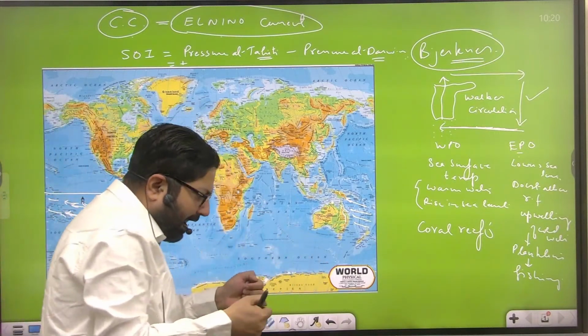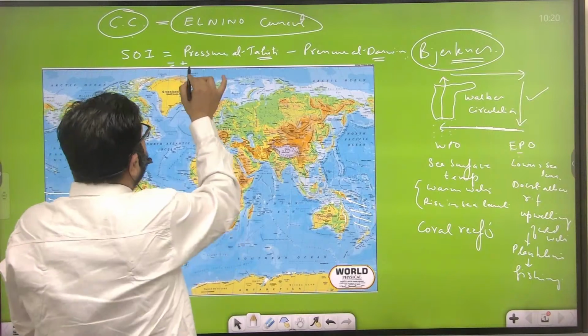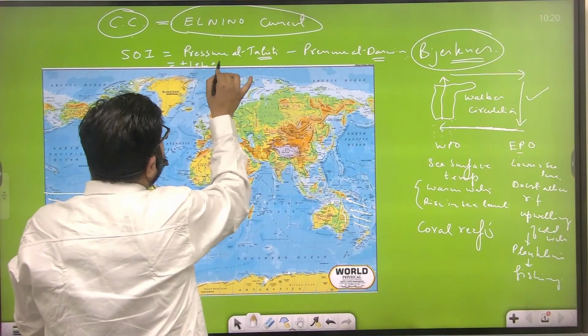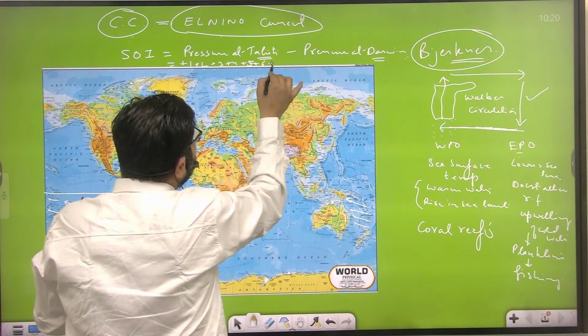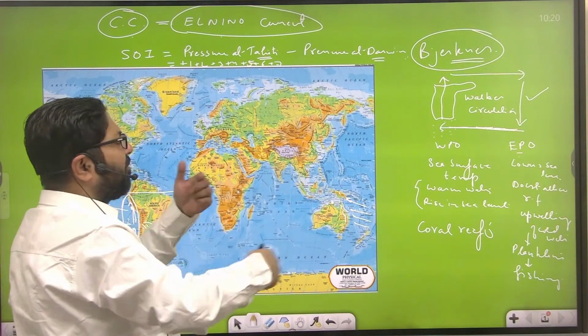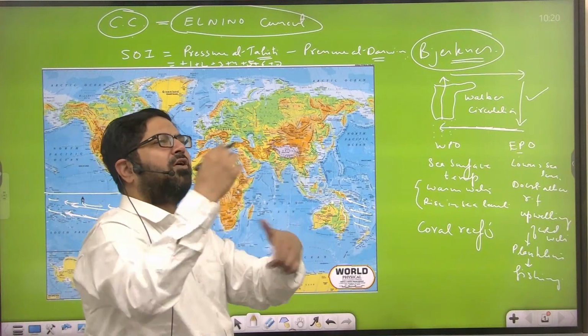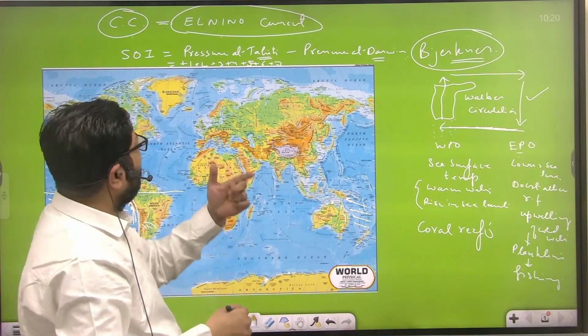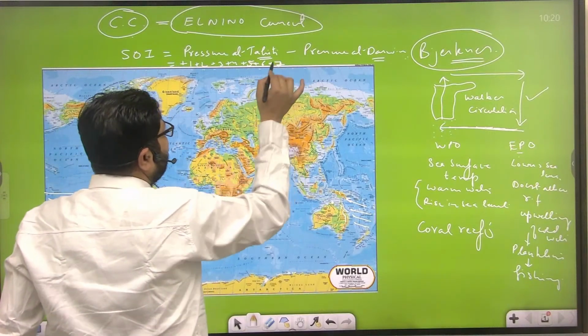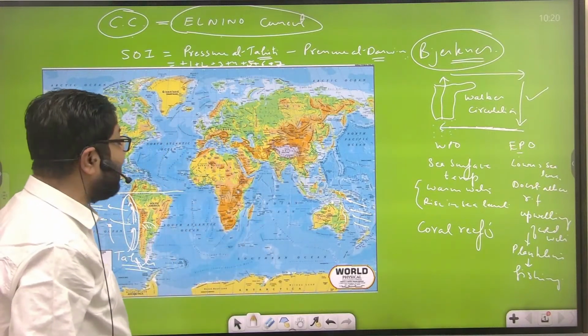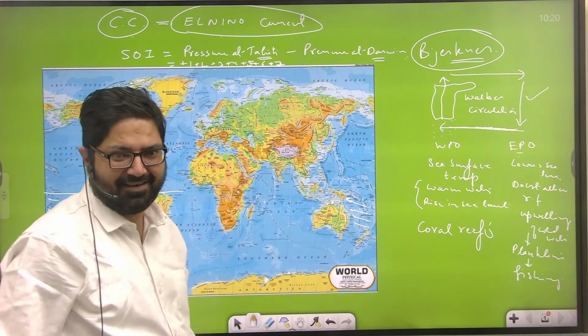We keep a track of this Southern Oscillation Index. +1, +2, +3, +4, +5, +6, +7. +7 means the Walker circulation is very strong. When this Southern Oscillation Index is +7 consistently for few months, then we say La Nina has occurred.